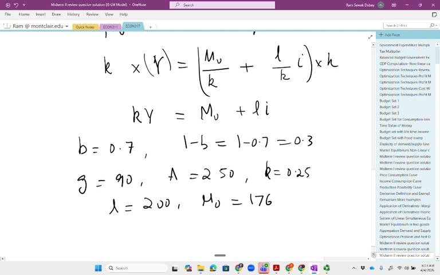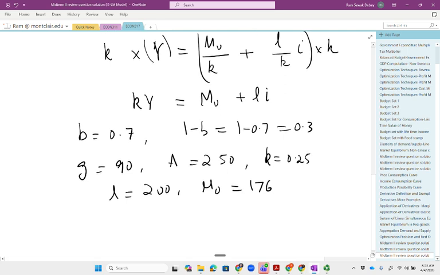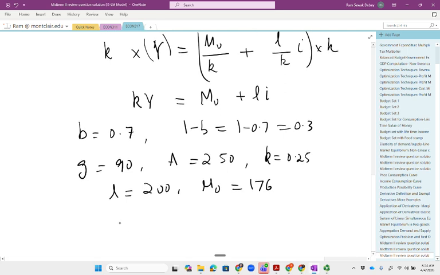Given this expression, the IS equation could be simplified by applying all the parameter values as y equal to minus 300i plus 836.